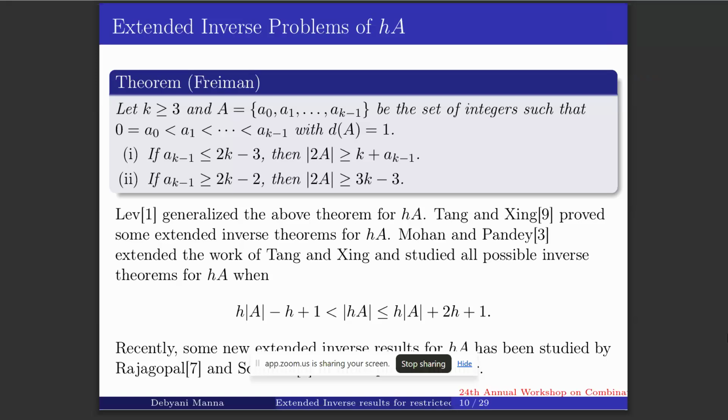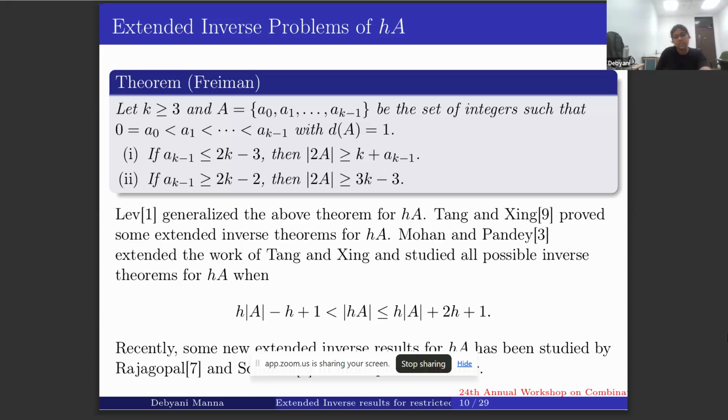Now, Lev generalized the above result for hA, and Tang and Singh proved some extended results. Later on, Mohan and Pandey extended this work of Tang and Singh, and showed a possible inverse theorem for hA with a range of 3h plus 1, when the cardinality of hA lies between h times the cardinality of A minus h plus 1 and h times the cardinality of A plus twice h plus 1.